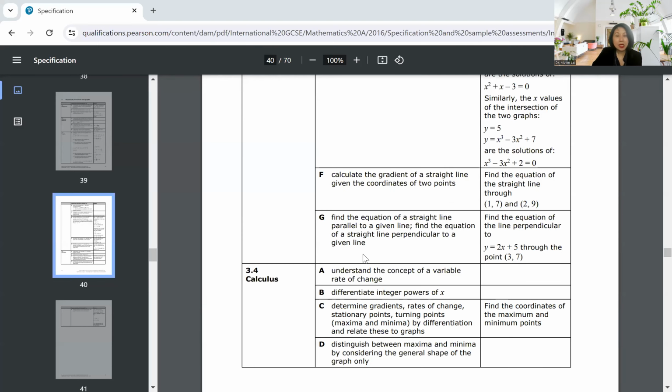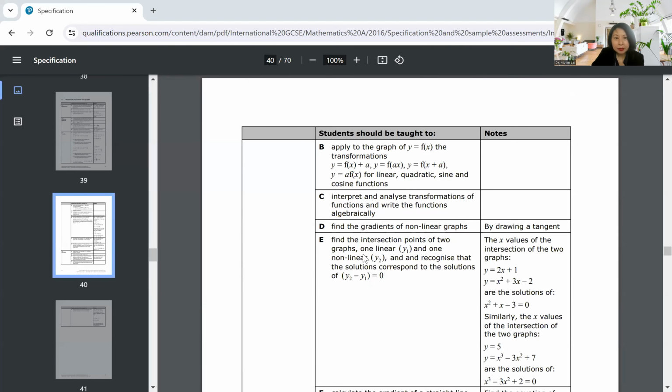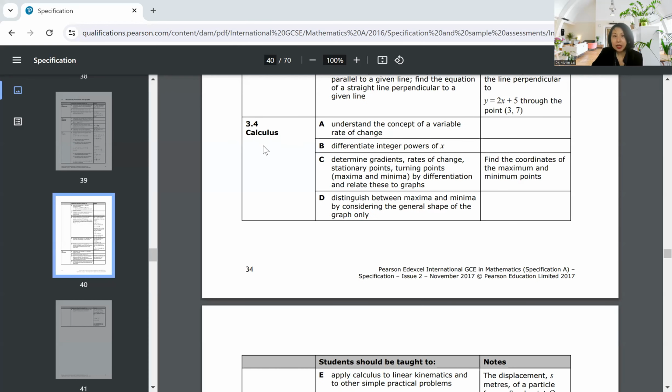Let me pull up the screen for you. Look at this one. Right here. So now you see, this is the syllabus. You can get it on the Pearson website. I will show you later.